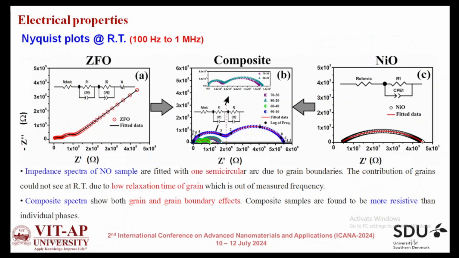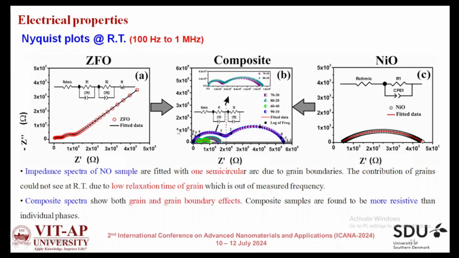And these are the electrical properties, and we have studied the electrical properties of the composite samples by impedance spectra, and impedance spectra are plotted in terms of Nyquist plots at room temperature from the frequency 100 Hz to 1 megahertz. And these impedance spectra of NiO samples are fitted with one semicircular arc, and this arc is the contribution of grain boundaries, and the contribution of grain cannot be seen here because of the low relaxation time of grain, which is out of the measured frequency range.